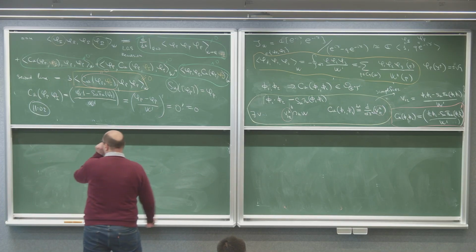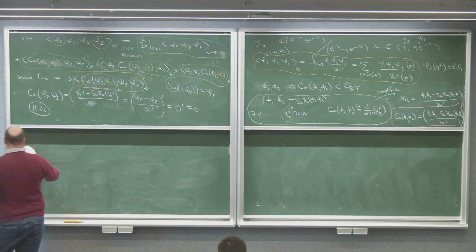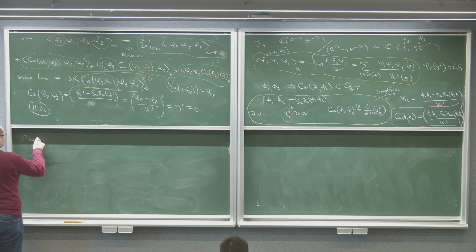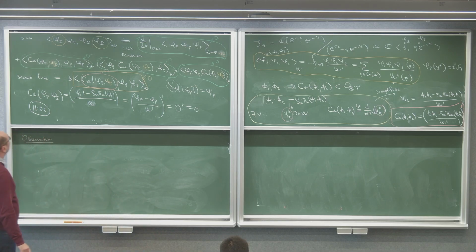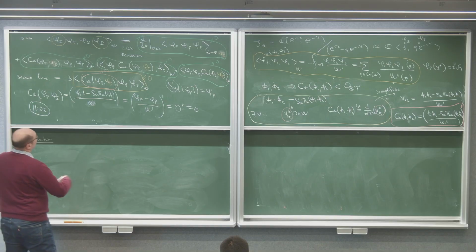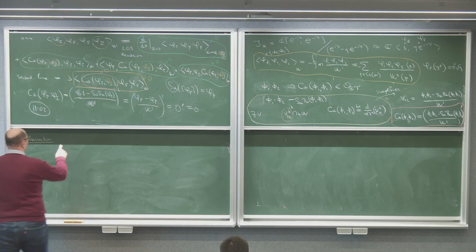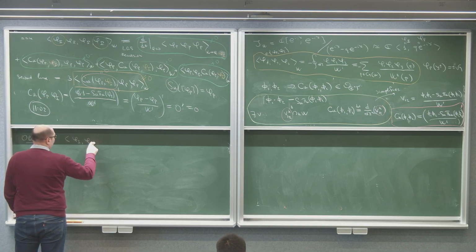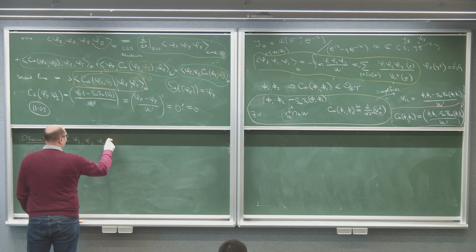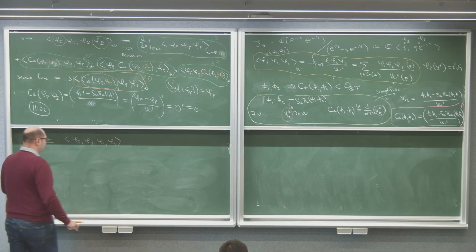Okay, so let me start with an observation of the following type: in our derivation for proving that phi p vanishes, we can actually do several generalizations.